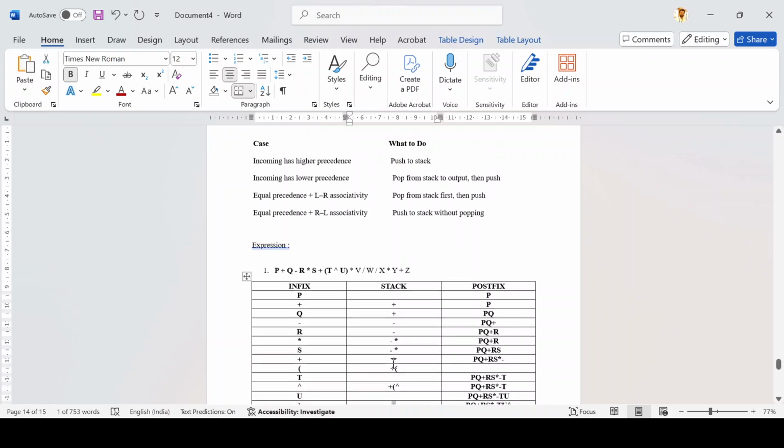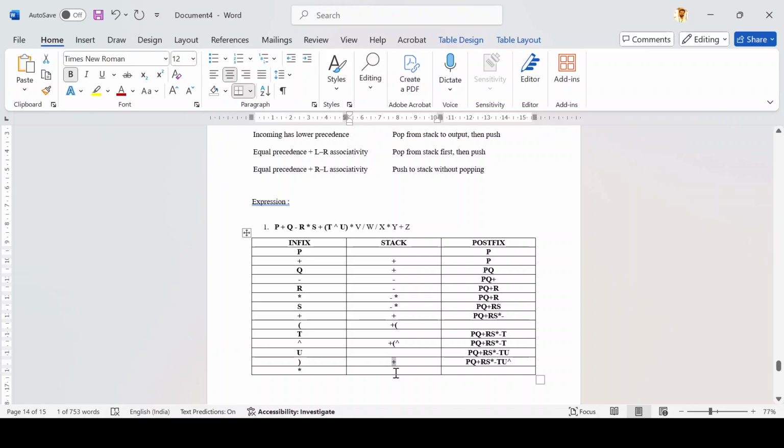So when the incoming operator has the highest precedence, simple as that, push it into the stack. Then after multiply we have a V, which straight away goes to the final expression.